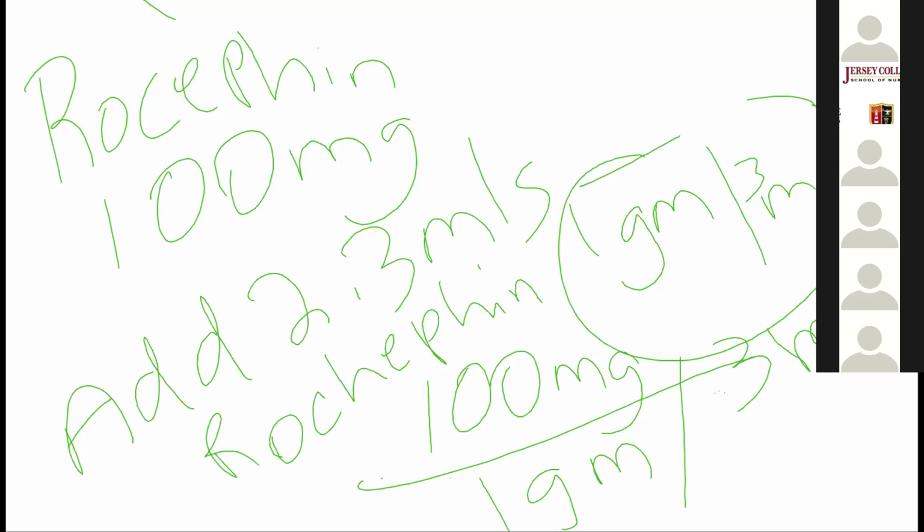In order to convert 100 milligrams into grams, what are you going to do? Move your decimal, or divide by 1,000, right? So 100 divided by 1,000 is 0.1.